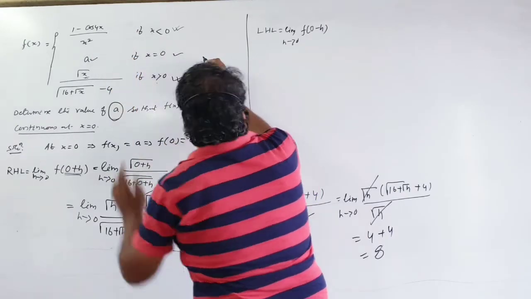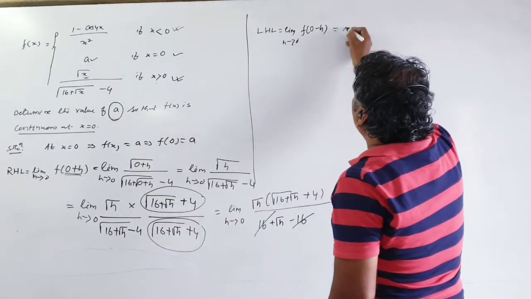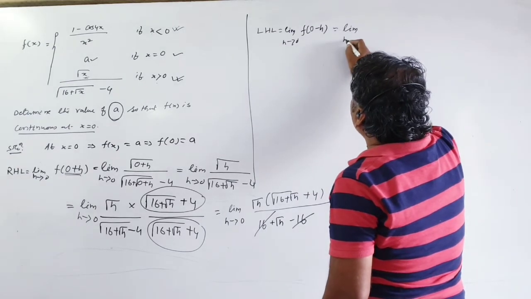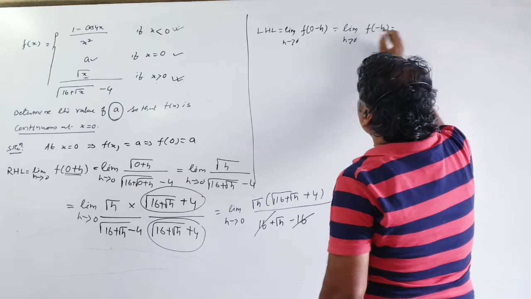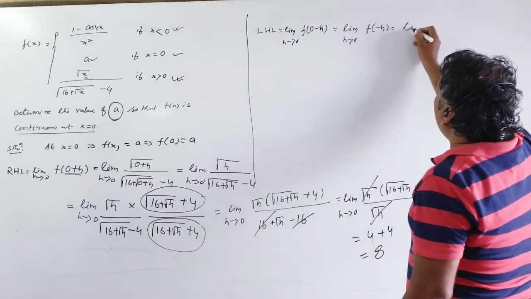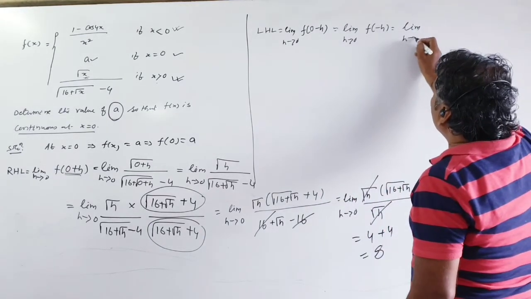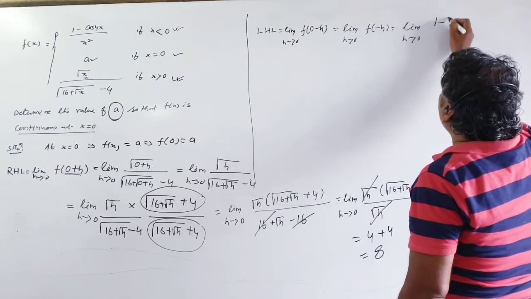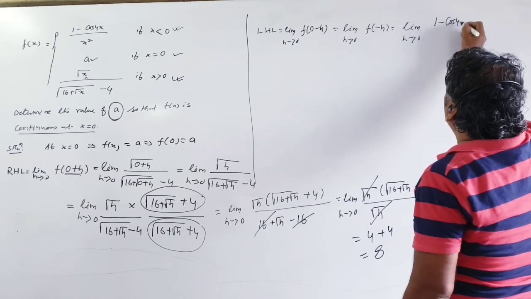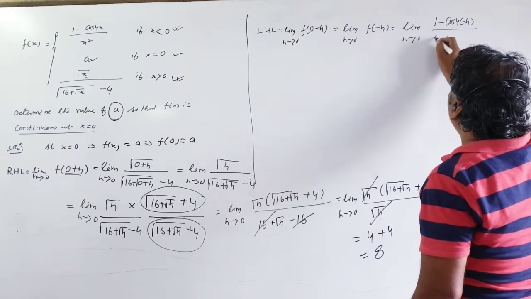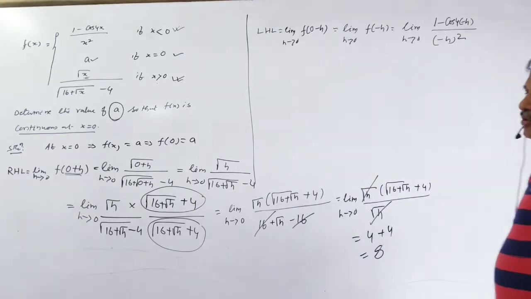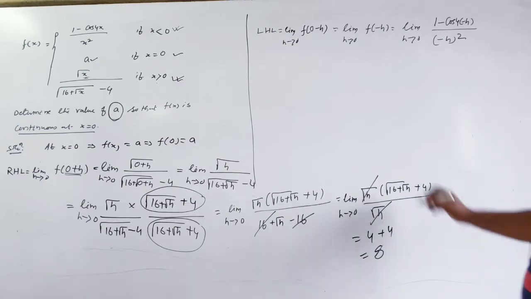So the limit as x tends to 0 of f of minus h, that is 0 minus h, equals the limit of 1 minus cos of 4 into minus h, divided by minus h whole square. So what is the value of cos of minus theta?